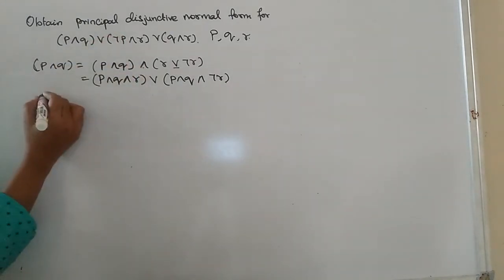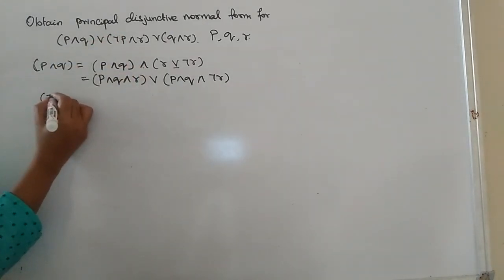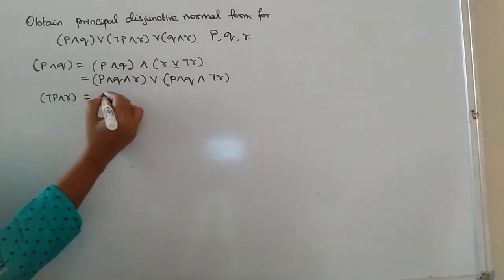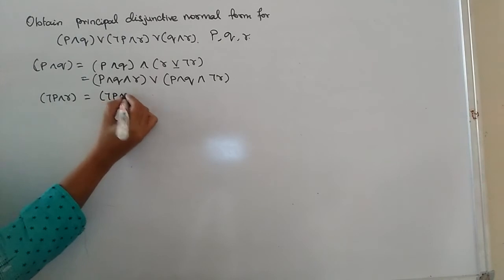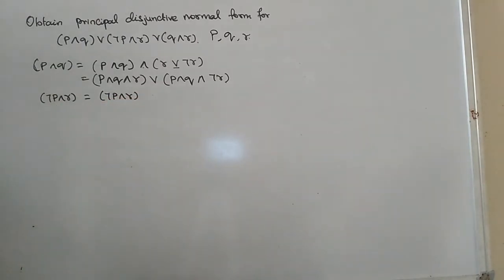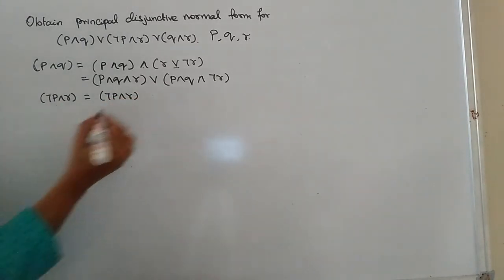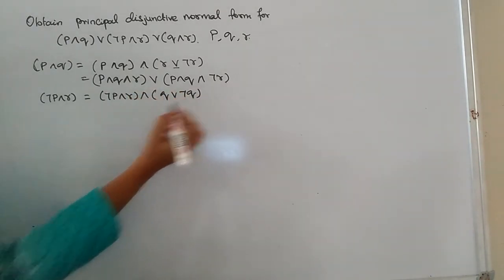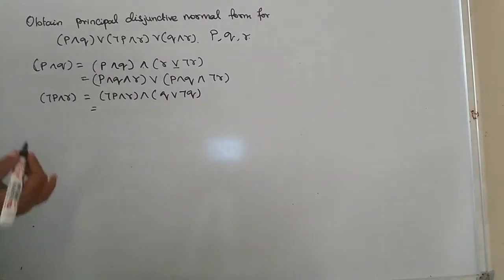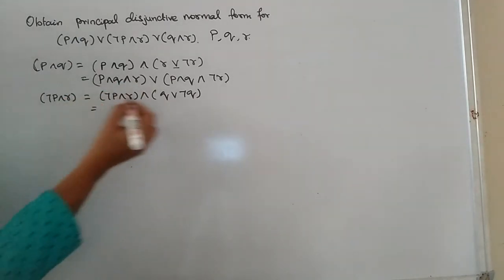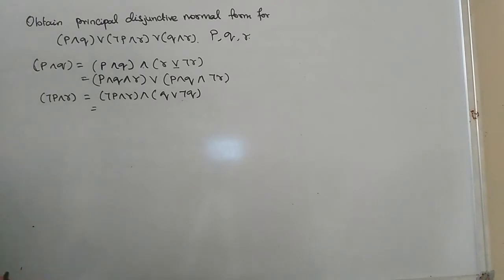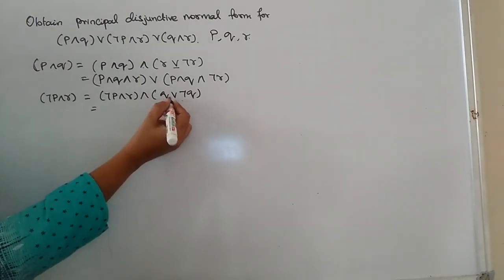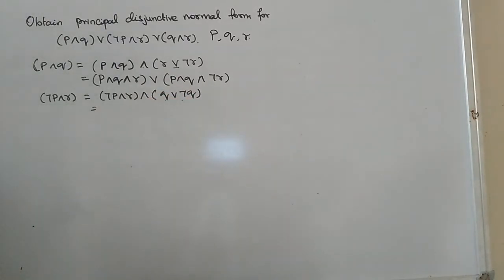Next, for this term we can write negate P and R. The variable missing here is Q, so we can write (Q or negate Q). Whatever variable is missing, we have to include both the variable and its negate.